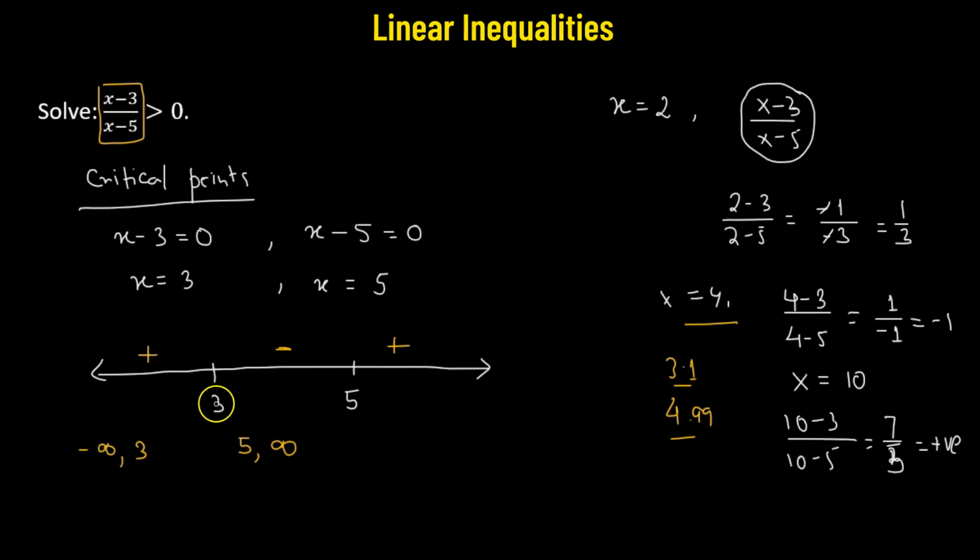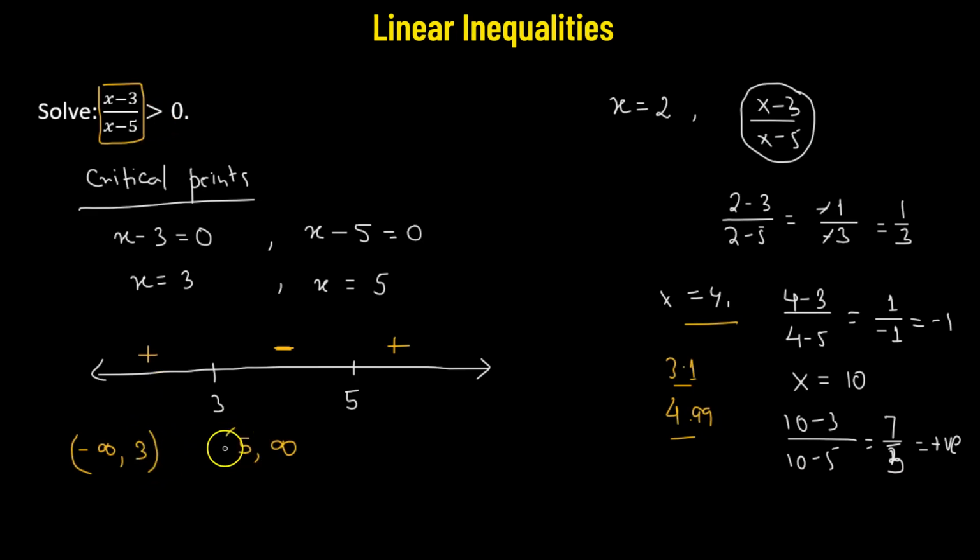We're not interested in values between 3 and 5 because there it's negative, and our inequality says that x minus 3 over x minus 5 is positive, that is, greater than 0. Now, negative infinity is not bounded, so that's why we're using an open interval. What about 3? We are not going to consider this particular critical point 3. Anyway, it's greater than 0, so we have to use an open interval here.